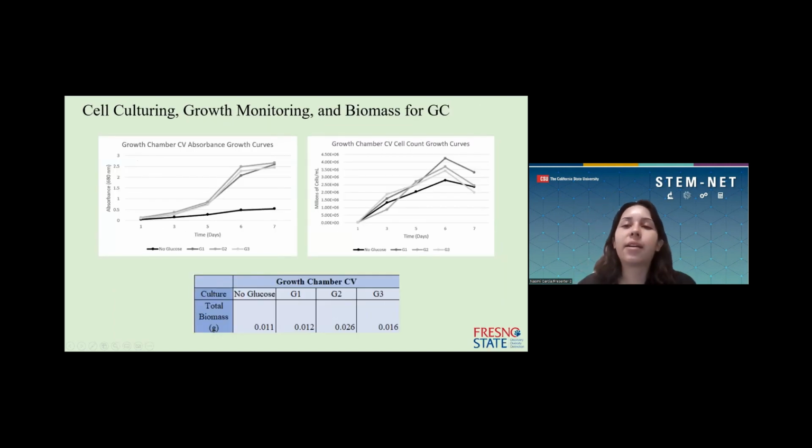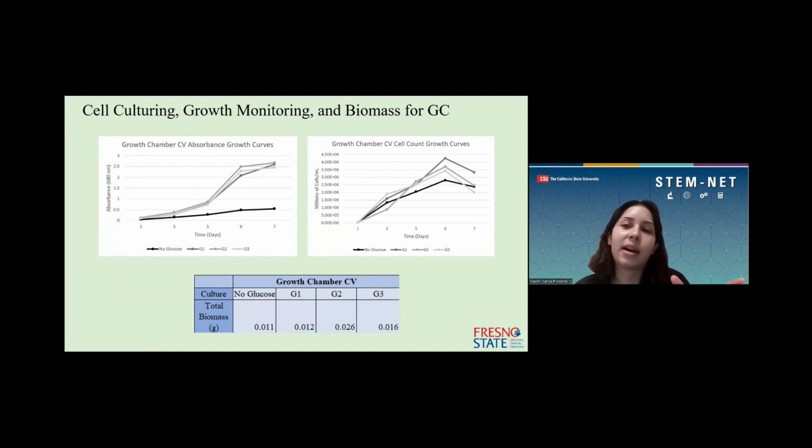So here is the data for the growth chamber. We initially just ran the growth chamber experiments just to generate more growth curves and just to reiterate the nutrient starvation factor. So here, when we look at these graphs, we have the 3 glucose cultures, and they pretty much excel in everything. So they had higher absorbances. For cell counts, there wasn't much of a difference between that and the no glucose.